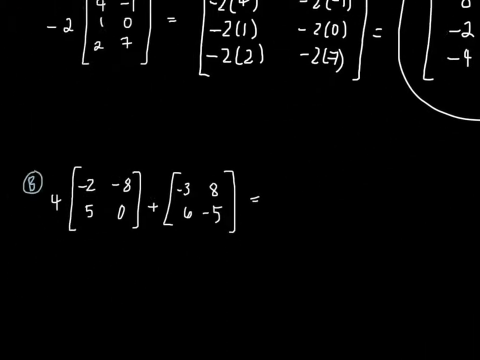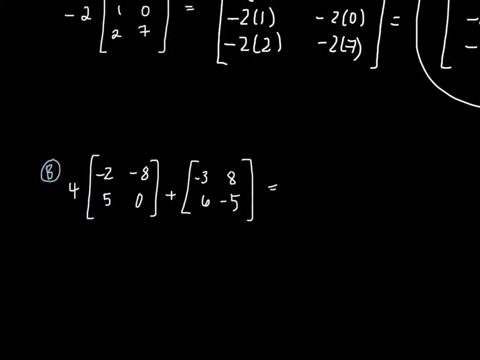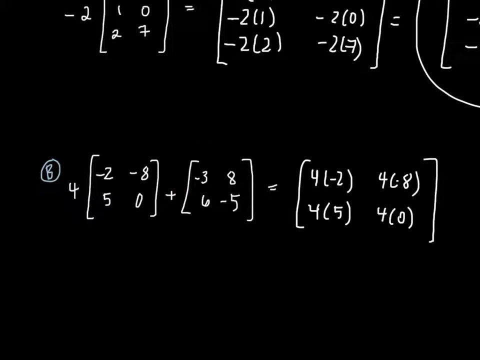Next, we are going to do a scalar multiplication, but with addition. Now, our first step is always going to be the multiplication. So first, we're going to multiply this matrix by the scalar, and then we're going to add this matrix to this matrix. So this is what our first matrix looks like once it's been multiplied by the scalar, and now we're going to add it to our second.